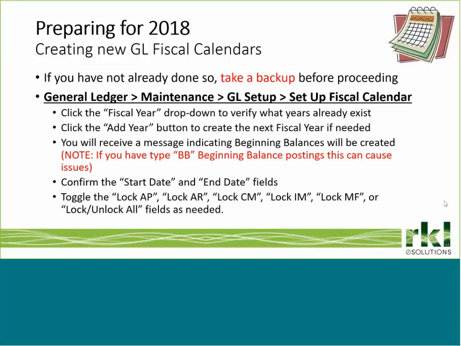If you have used beginning balance postings, so there's a transaction type of BB in General Ledger, if you have any of those in your GL posting file, it is possible that when the system does the recalculation for the fiscal periods, you're going to lose some data. So this is, again, a good reason for you to do a backup beforehand.